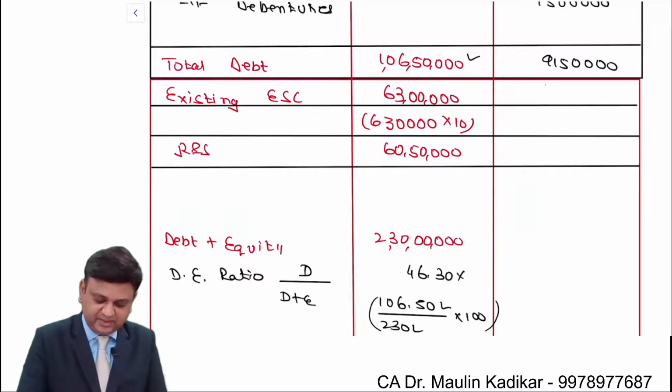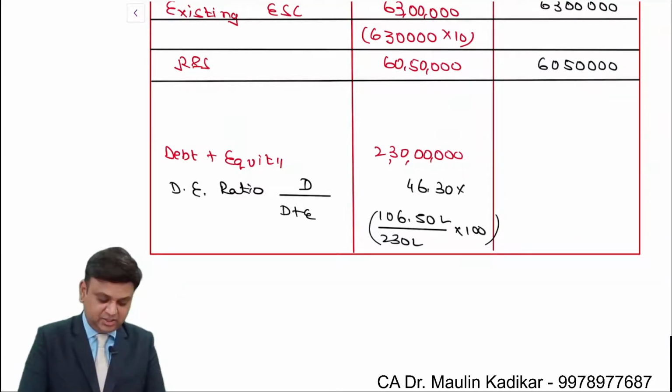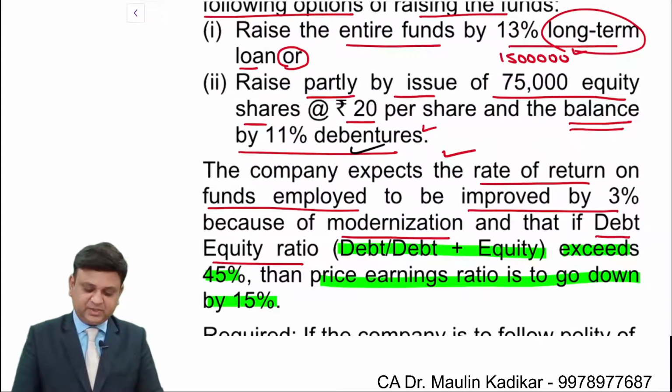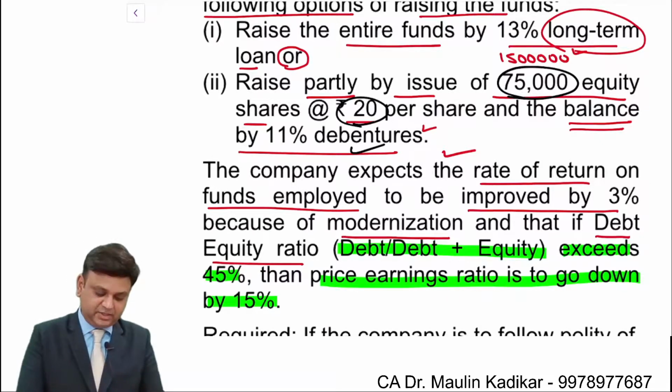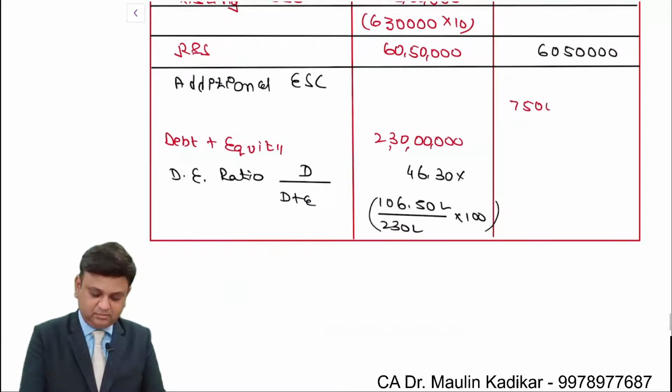Existing equity share capital will remain the same, 63 lakhs. Reserves and surplus will remain the same, 60 lakh 50,000. Then there will be additional equity share capital. As per the given information, 75,000 shares will be issued at the rate of 20, so 75,000 into 20 comes to 15 lakhs.